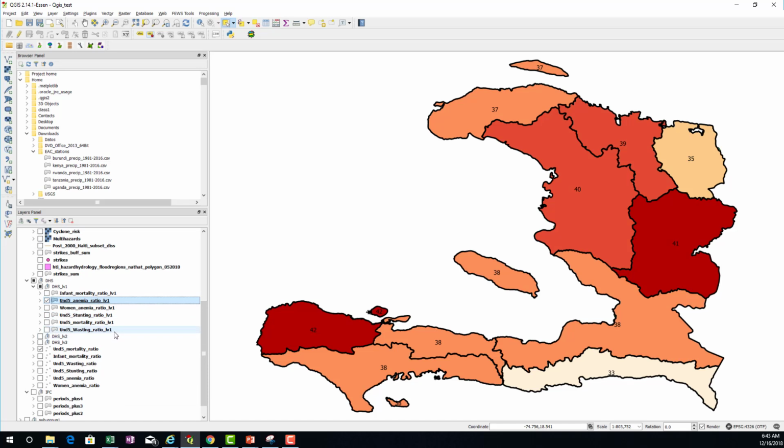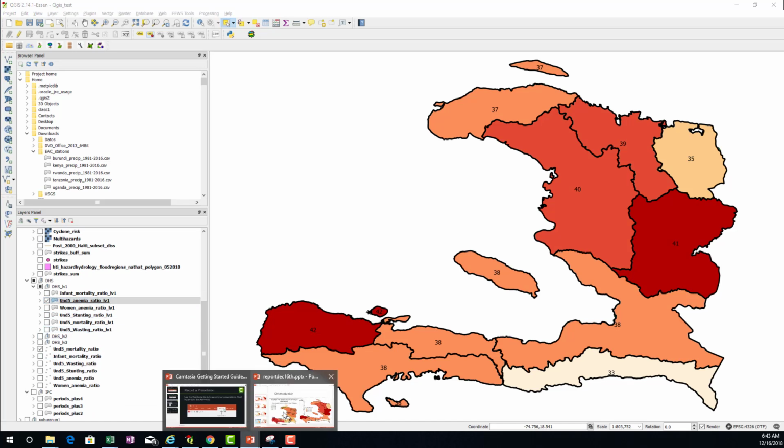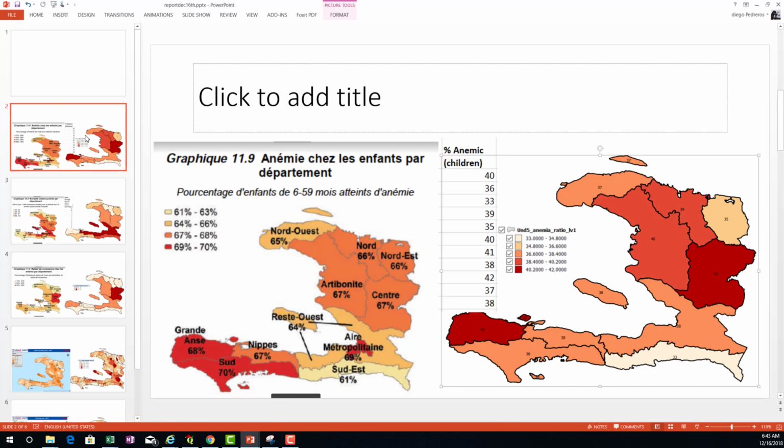So let's begin by comparing these graphics, the ones that were in the report and the ones that we produced. This anemia graphic is the only one that is very different, because the values shown in the report and the values that we got from CAT are different.